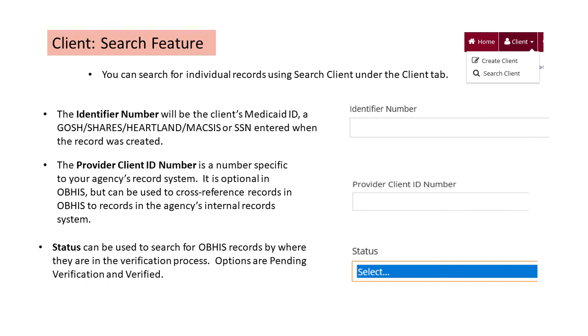The provider client ID is a number specific to your agency's record system. It is not a required field in OBHIS. You may want to use this field to identify clients in OBHIS by using numbers unique to your agency's internal record system. The status field can be used to search OBHIS records according to where they are in the verification process. Options are pending verification and verified.